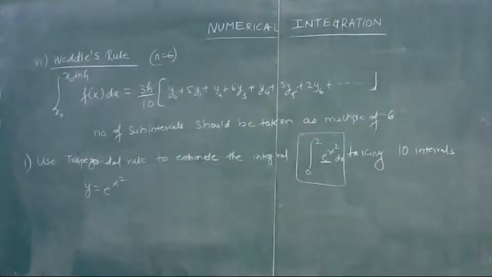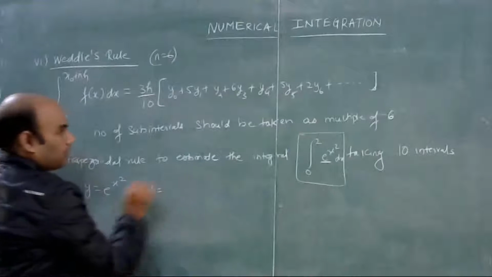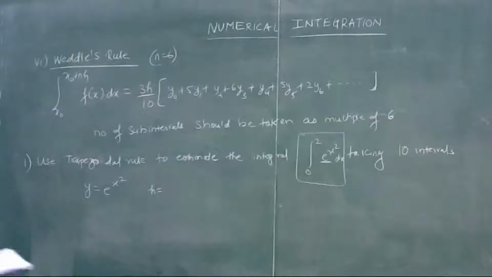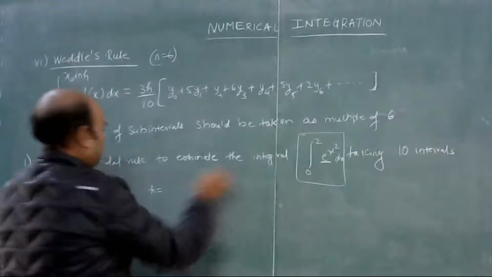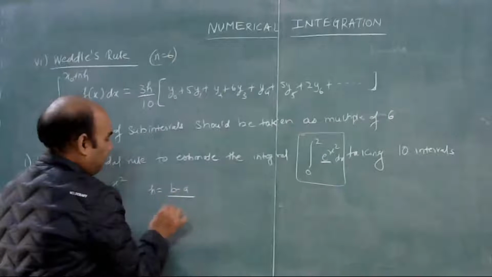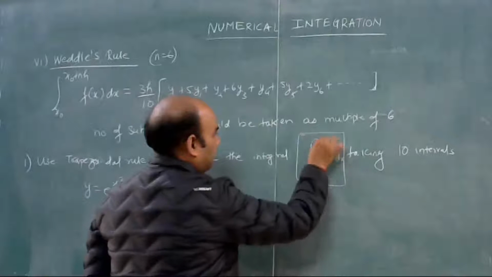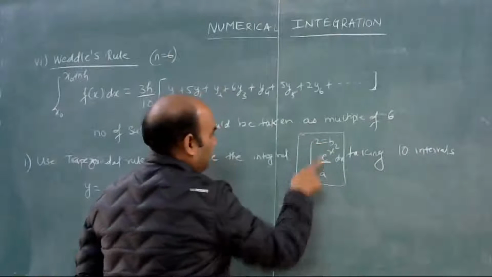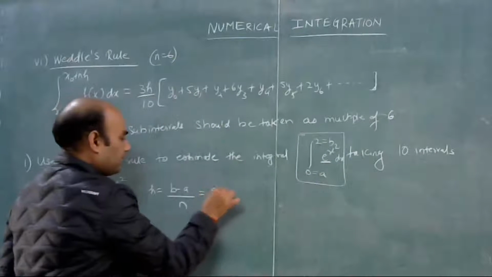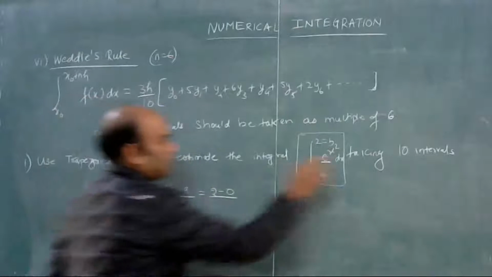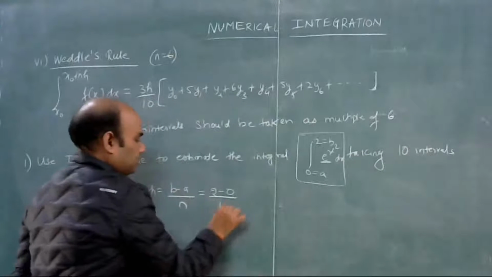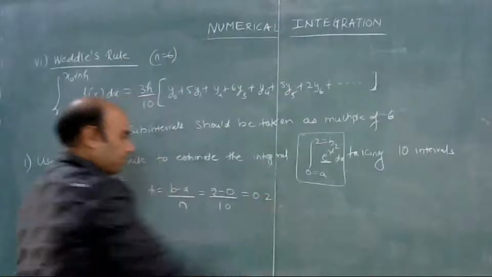And the value of h will be b minus a divided by n, where a is the lower limit and b is the upper limit. So that is 2 minus 0 divided by the number of intervals, 10. So this will be equal to 0.2.